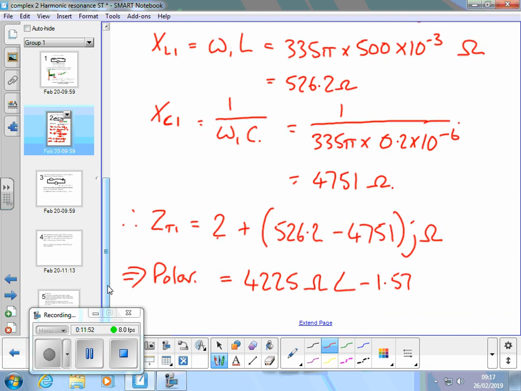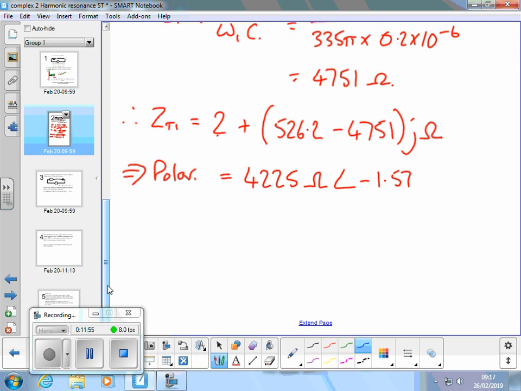So now we can calculate the current. We can go therefore I1 is equal to our voltage, fundamental frequency is 600, angle 0 is assumed, divided by 4225.